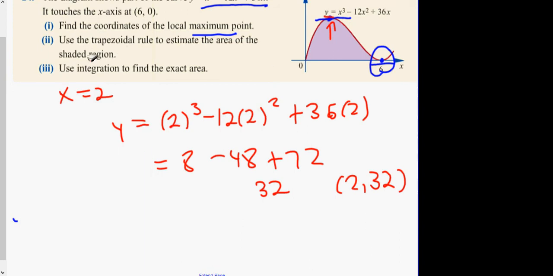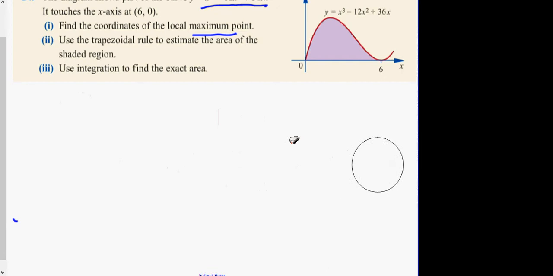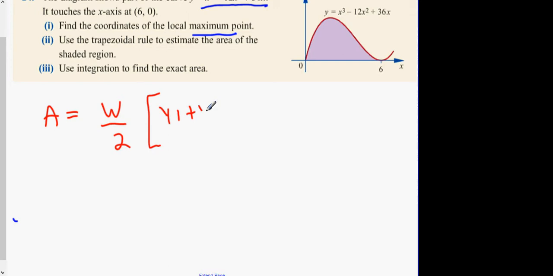Now, use the trapezoidal rule to estimate the area of the shaded region. So guys, if anybody remembers the trapezoidal rule, here it is. Let me show you. Trapezoidal rule is area equals h over 2, the width over 2, times y1 plus yn, plus y2 all the way up to yn minus 1.